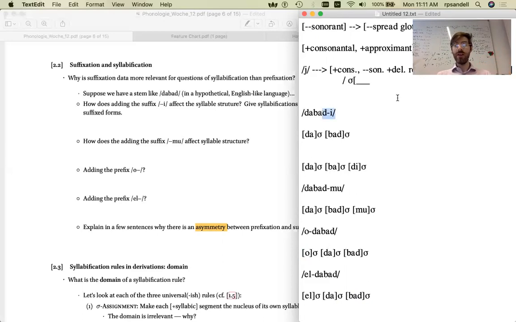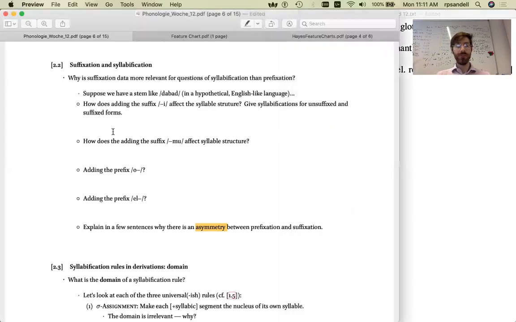Instead, here when we added a suffix e, the result was that the da at the end of this stem was instead put into the onset of that following syllable instead of being made into a coda consonant.